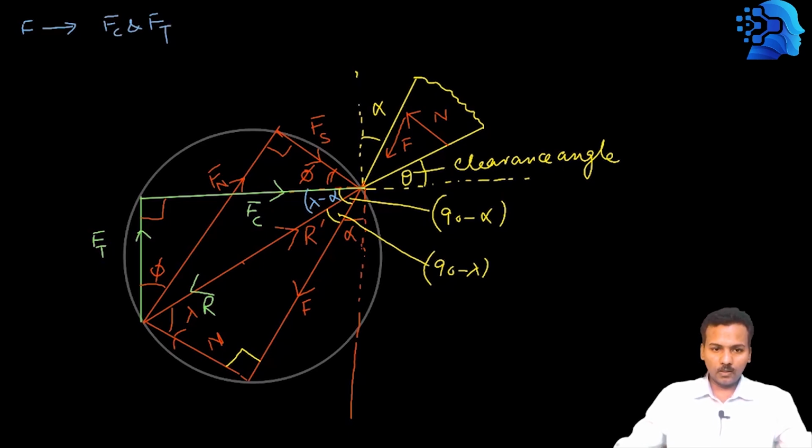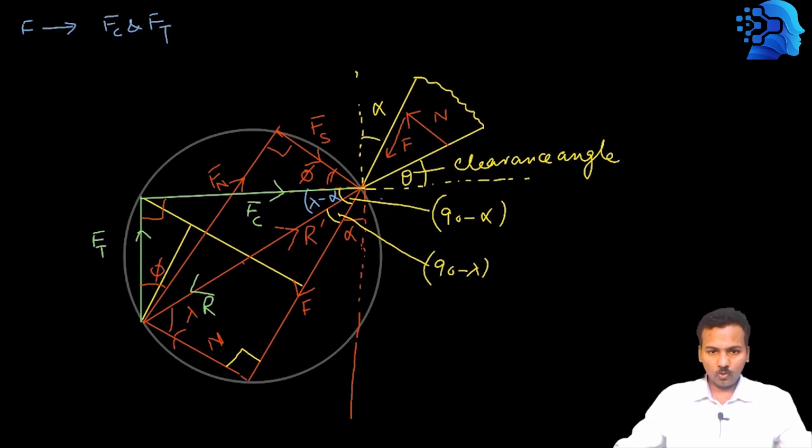For this, draw a normal line from this point onto this F, and draw a parallel line from this point along the rake surface.